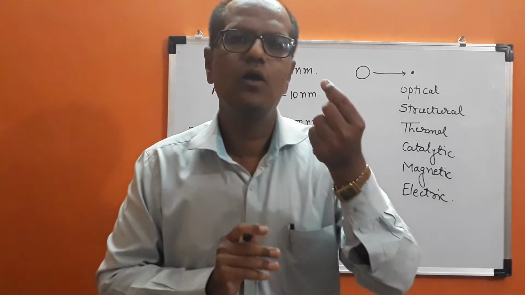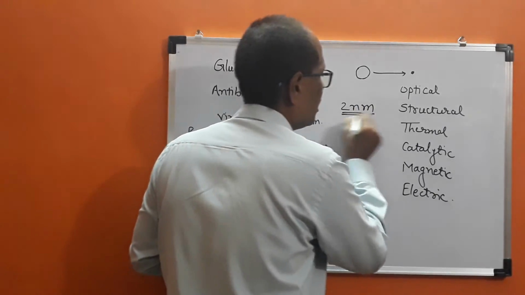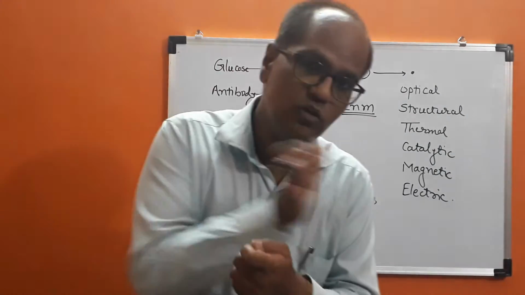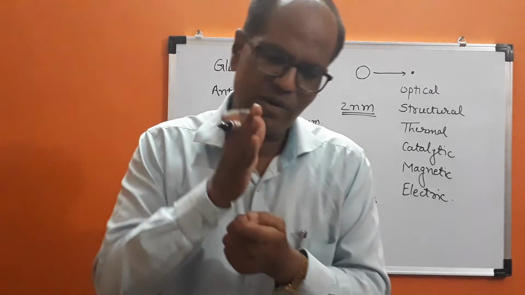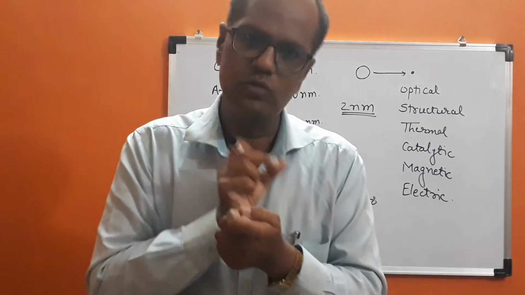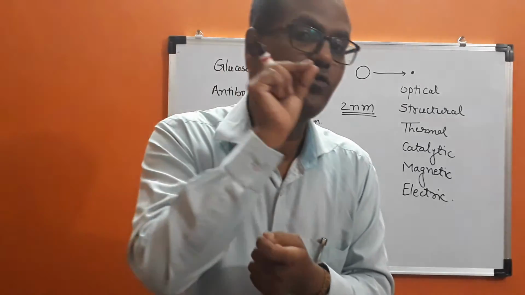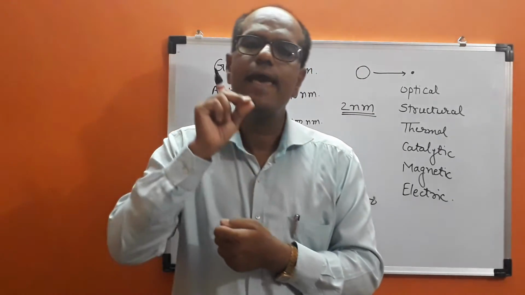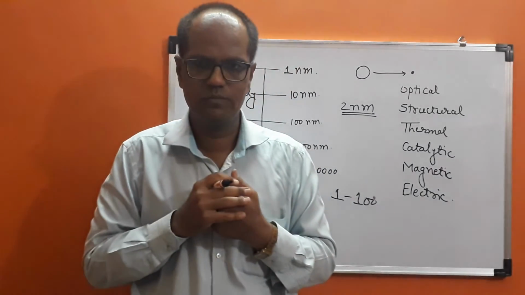For example, 2 nanometer size carbon nanotubes. If you reduce the size or the dimensions of this particular chemical substance's molecules, then the physical properties of those molecules are extremely different as compared to the bulk substance.